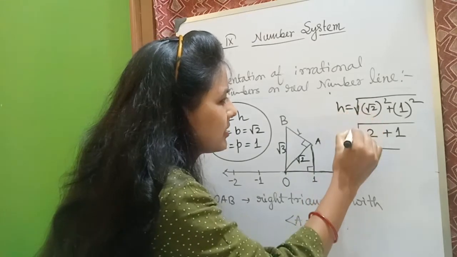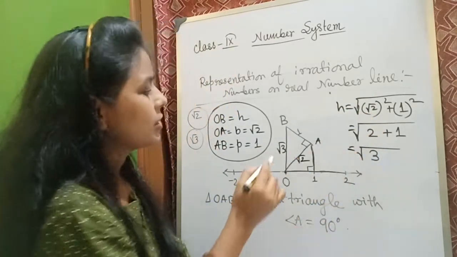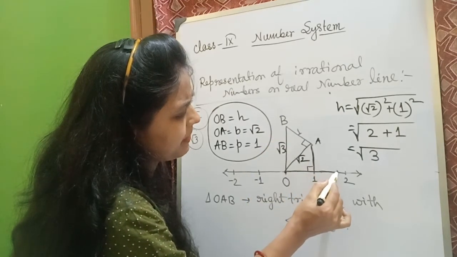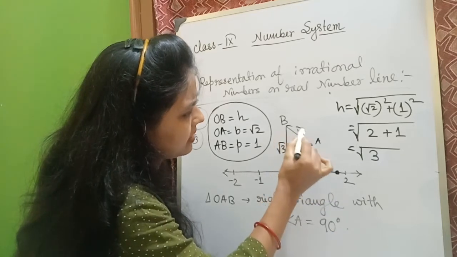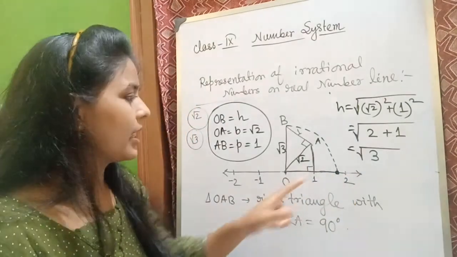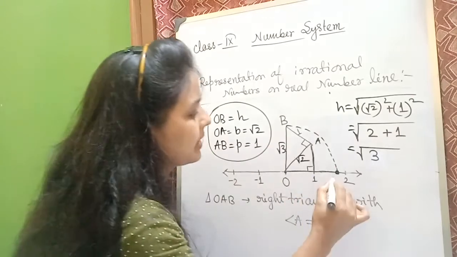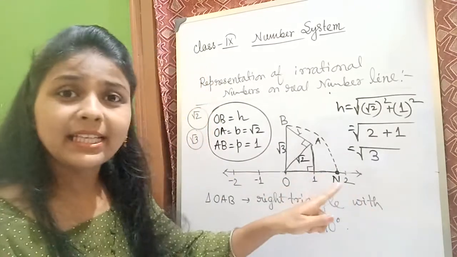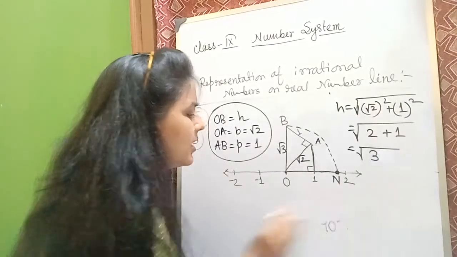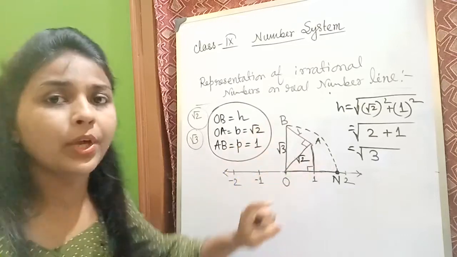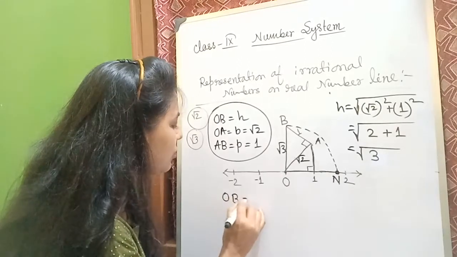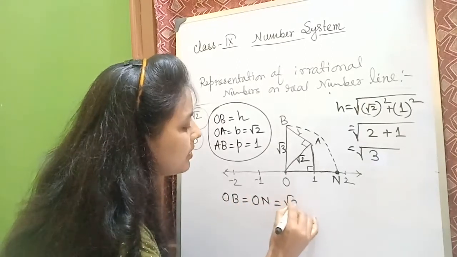H equals this. When we take it as the radius, it will be placed here like this. If you draw its arc, it will be like this. I am naming this point N. In the same way as the previous one, we write that OB and ON are radii of the same circle, so OB equals ON equals root 3.